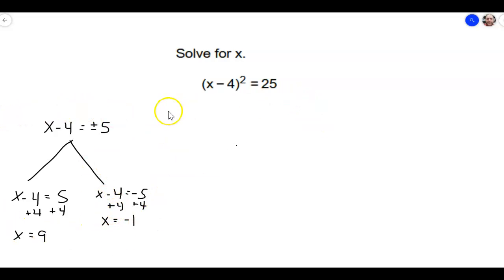And then the other method that we can do, which is going to be a little bit longer but something we might be a little more used to, is that we can go ahead and FOIL this out. So on the left-hand side, x minus 4 times x minus 4.